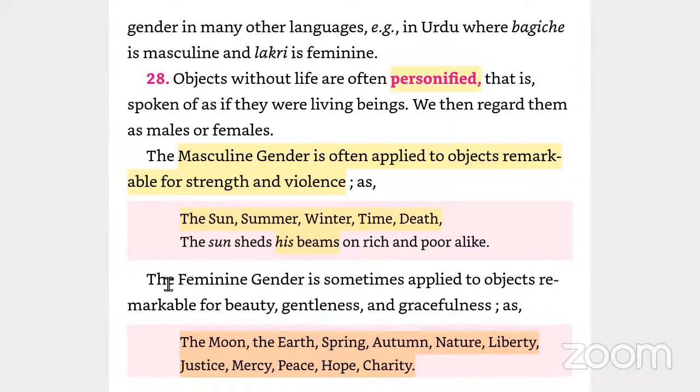Winter sometimes can be very, very brutal cold. Time. So even though they are neuter gender, they can be considered as male gender by different writers. Do you all understand this idea of personification of a noun? Yes, sir.